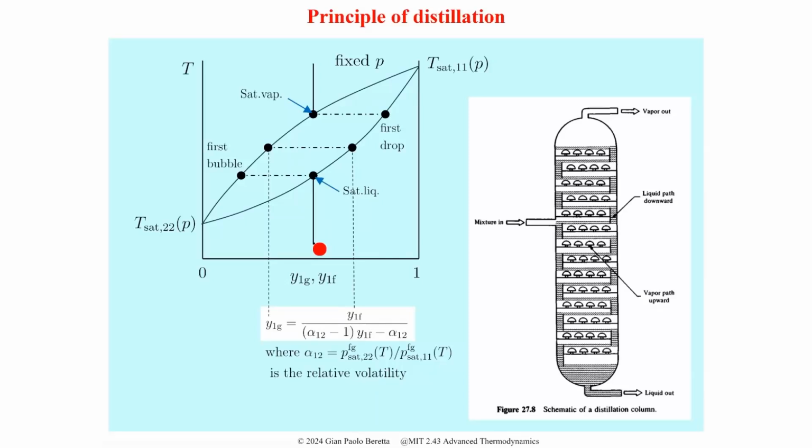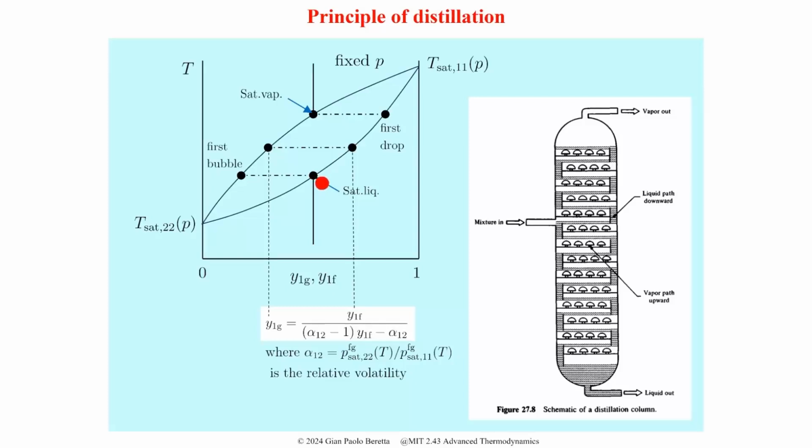Suppose you start with a mixture in a liquid phase at this composition, say 50-50. And I heat it up. At a certain point, I reach the bubble line, and the first bubble gets boiled off.